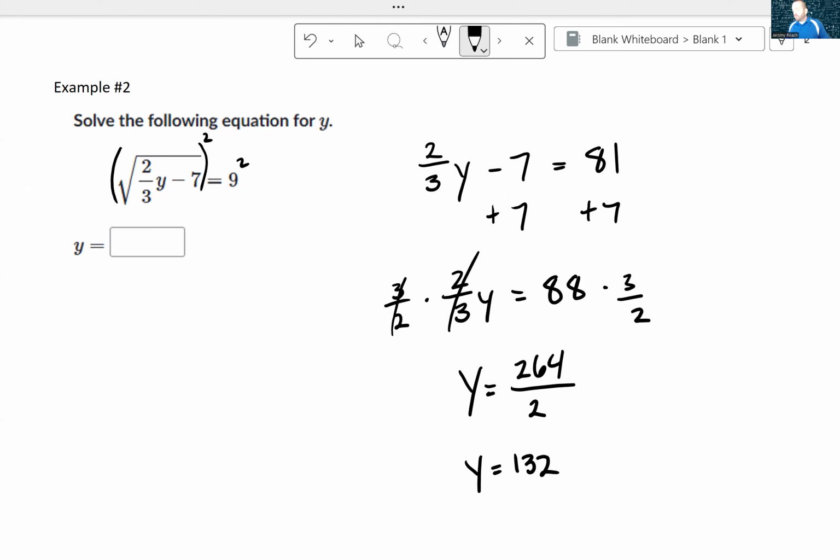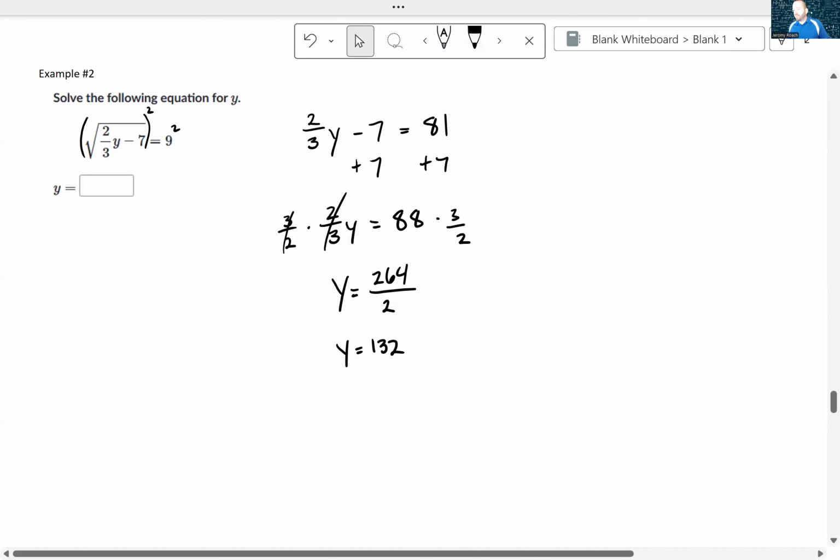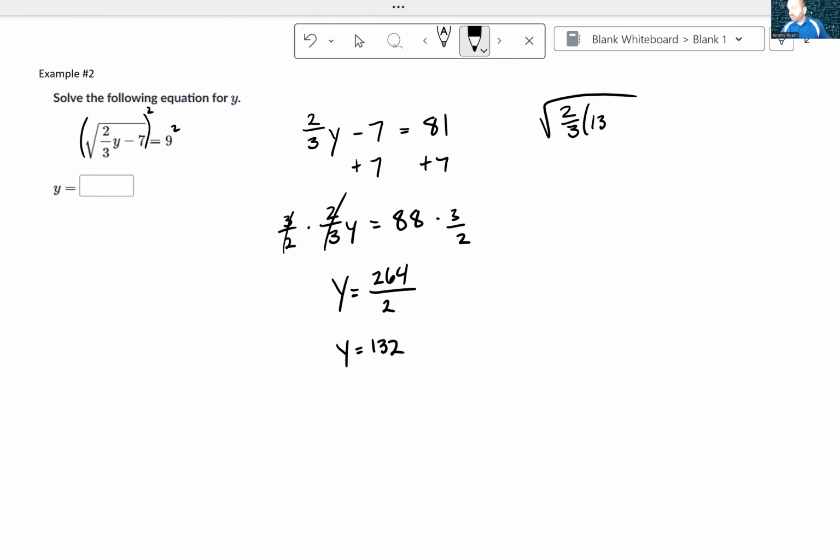Now we have to check for extraneous solutions just to make sure. So we're going to plug that back into the original. 2/3 times 132 minus 7. Make sure that 7 goes under the square root, is equal to 9. We're plugging it into the original, not what I did with the squaring.